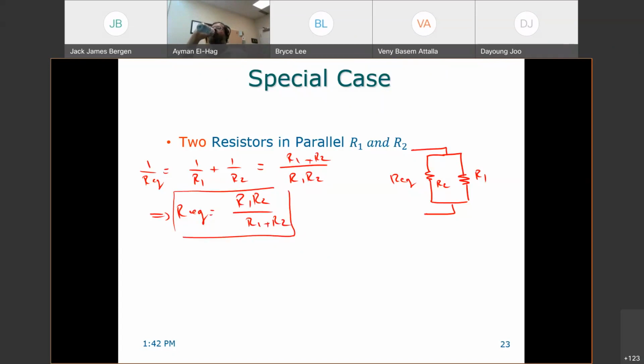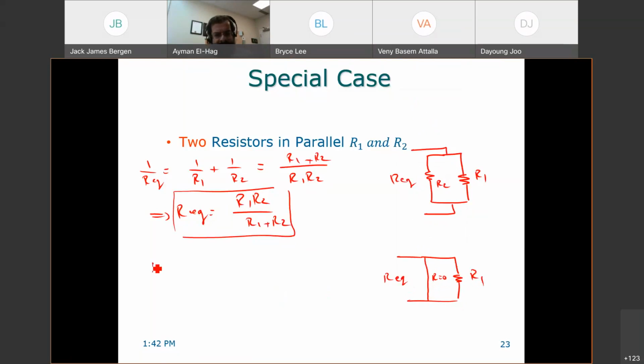Now, what if I have this scenario. I will have R1 and a short circuit in parallel, and I want to find the R equivalent. Now we know for the short circuit, R is equal to 0. There is no resistance.